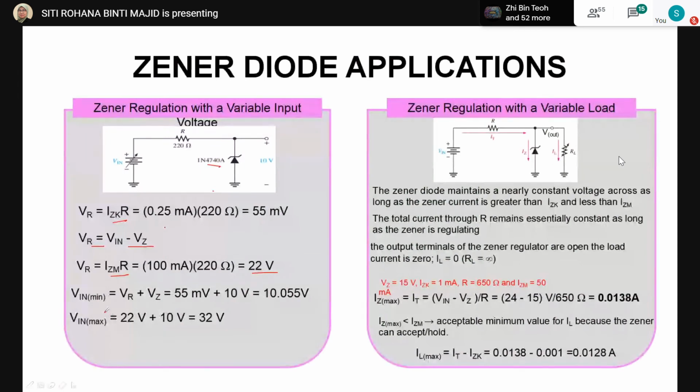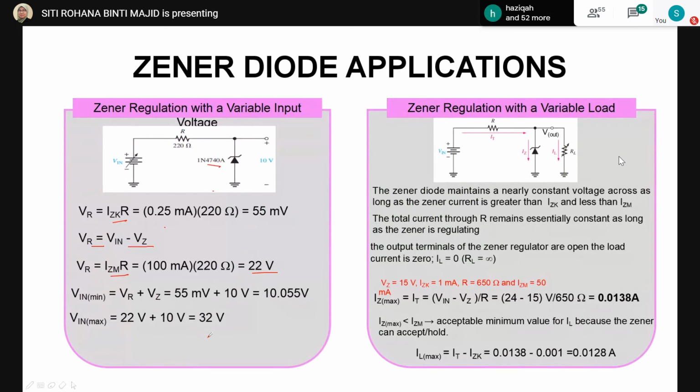And the V input minimum we can calculate using this equation, which is the voltage for R plus the voltage from Z. Then we get this value after we calculate the other parameters, and then V in maximum.